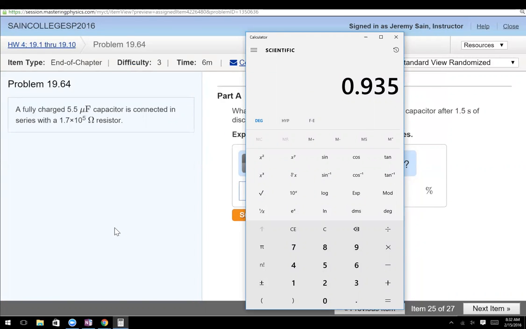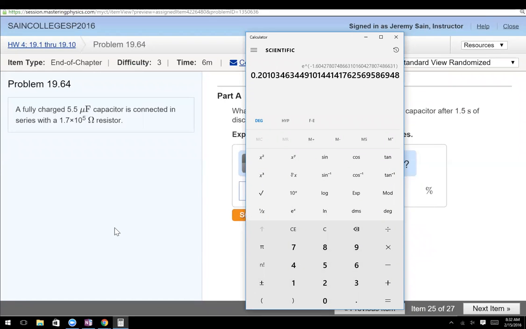So, okay, you get 9.35. That's R times C. 1 over that and negative. So that's negative 1 over RC, and then times the time, so times 1.5. And then I want e to that.